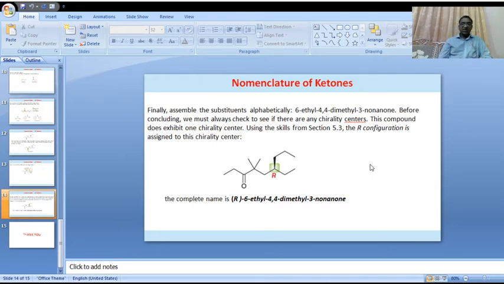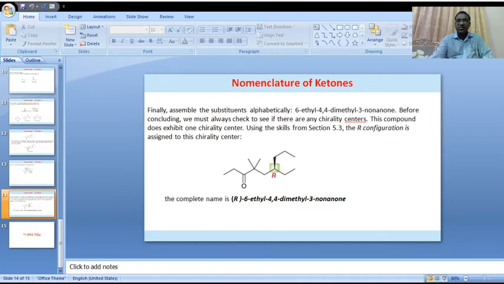Its isomer structure is diethyl ketone, its metamerism structure. Okay. This is about isomerism of aldehydes and ketones.